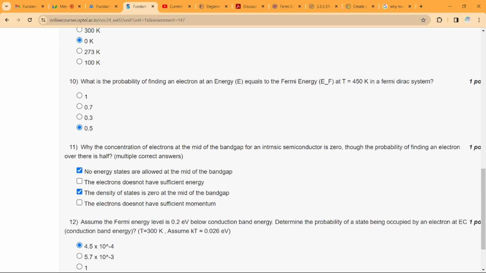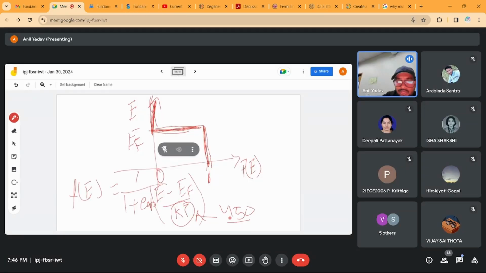The relation was F of E is equal to 1 over 1 plus exponential of (E minus EF) by kT. At 450 Kelvin, we can calculate kT. But at E equal to EF, why am I not calculating?